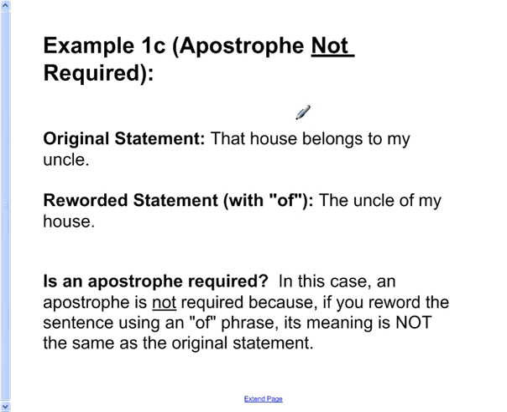Let's reverse the house, which presumably here is the owner, and the uncle, presumably the item being owned. So, the uncle of my house. Well, that's not saying the same thing as "that house belongs to my uncle." So an apostrophe S is not required in this original statement. So this is correct: "that house belongs to my uncle" does not need an apostrophe S.